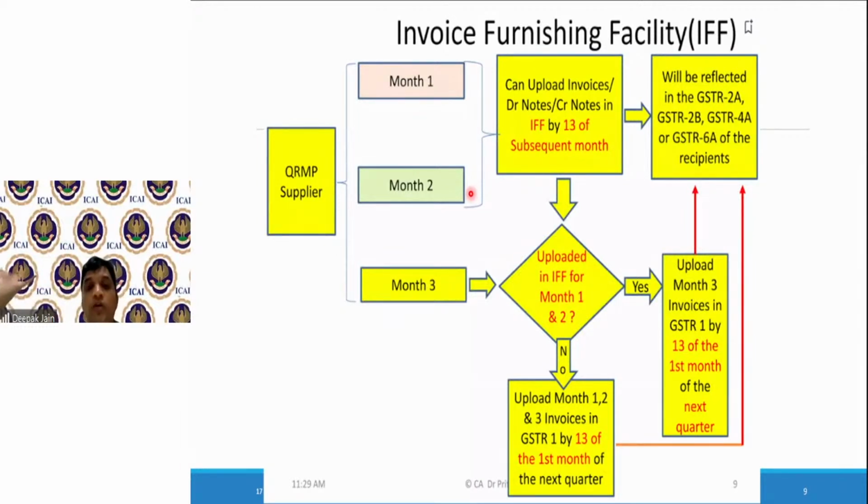I will not go to the GST portal except for payment of taxes. So for such people who are not having customers fighting with them, they will upload month 1, month 2, and month 3 invoices in GSTR-1 directly on the 13th of the next month. Clear? So if you want to give credit, file this IFF. If you don't want to give credit, just file GSTR-1 at the end of the third month.